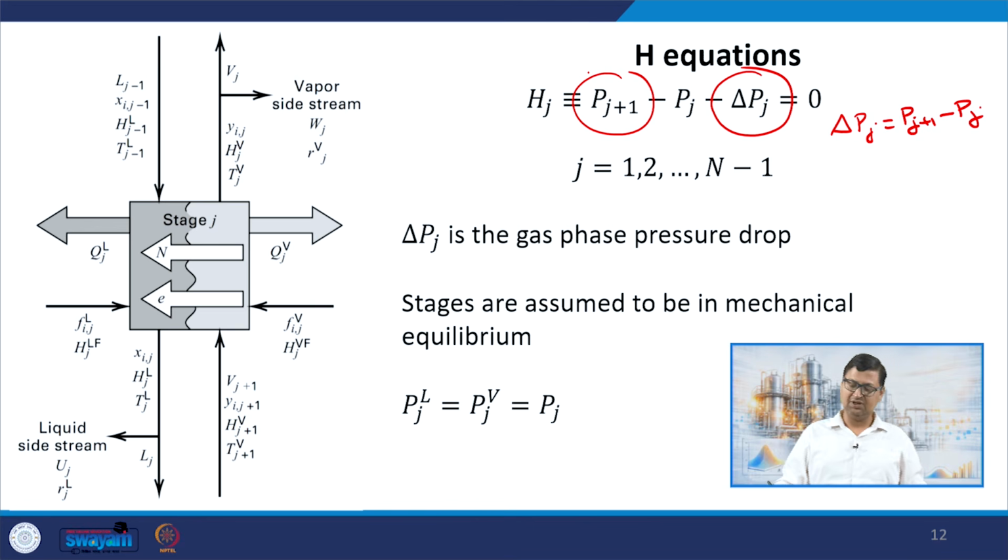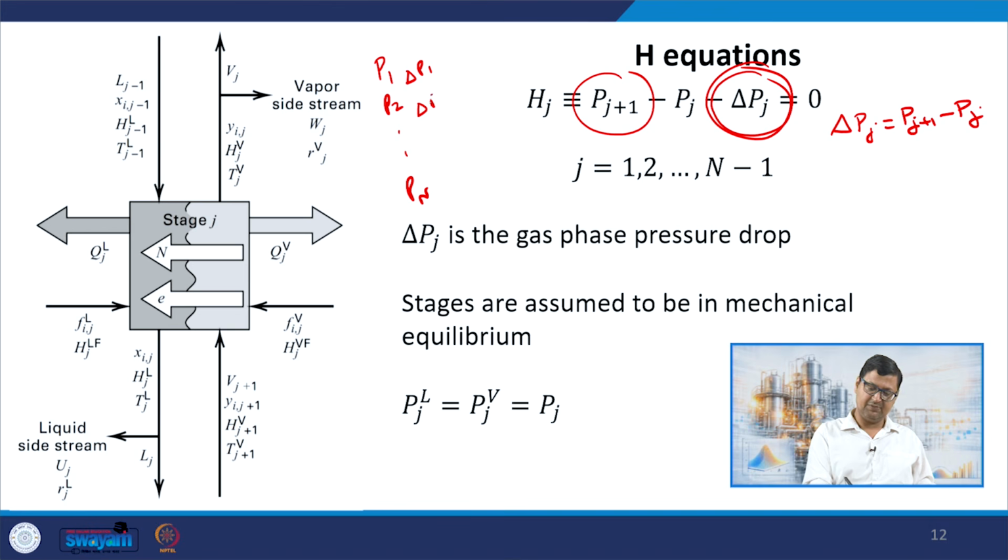So, therefore, we write it only for stage 1 to n minus 1. Those are the number of differences that you have between P1, P2 to Pn. We can have delta P1, delta P2 up to delta P n minus 1.